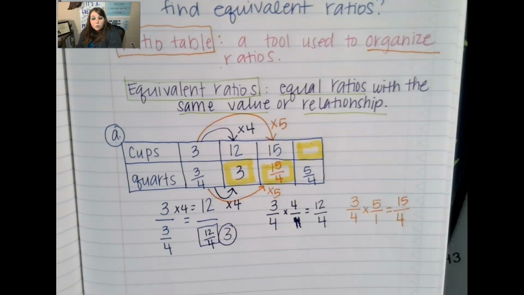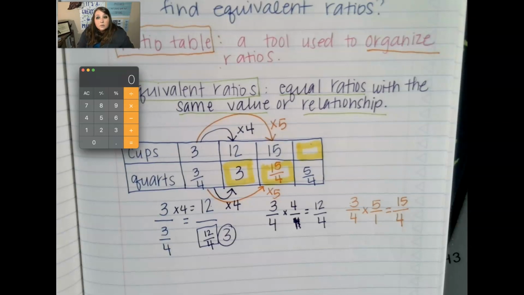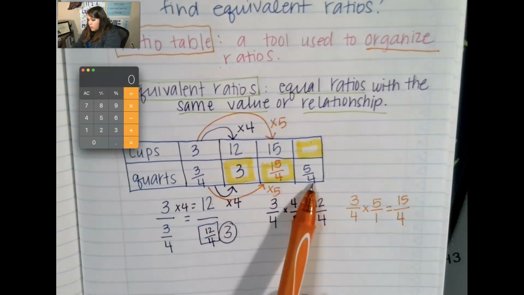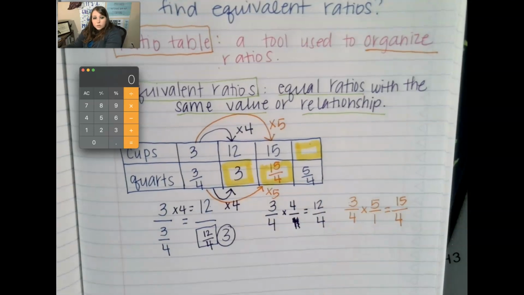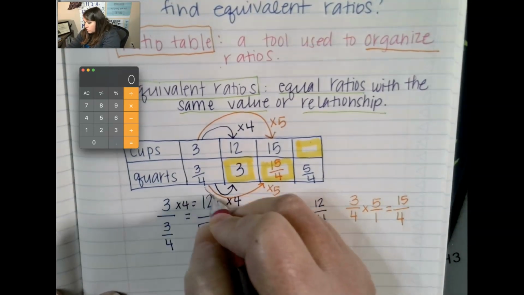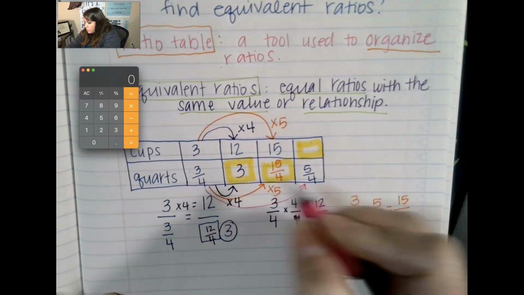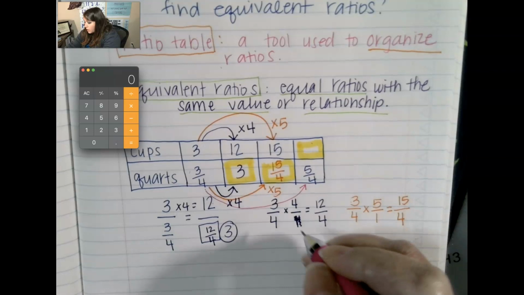So this time we're going to work backwards. Okay, so now I have my calculator tool. I want to know, how do I get from 3 to 5? We know that 4 times 1 is going to give us 4. So we're going to figure out what our multiplicative relationship is to get from 3 over 4 to 5 over 4.